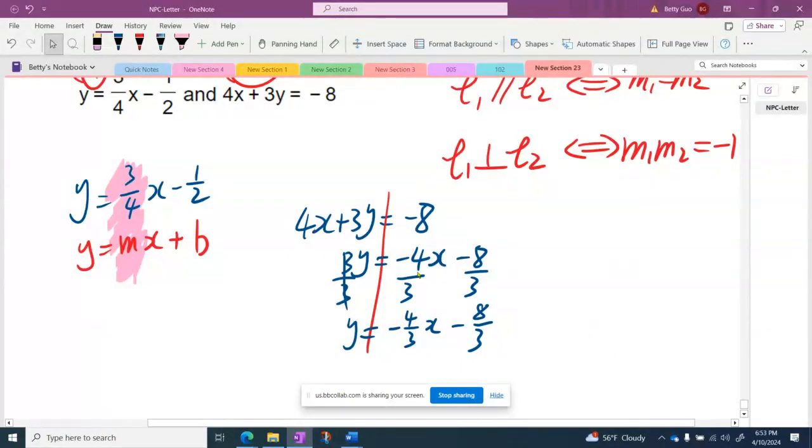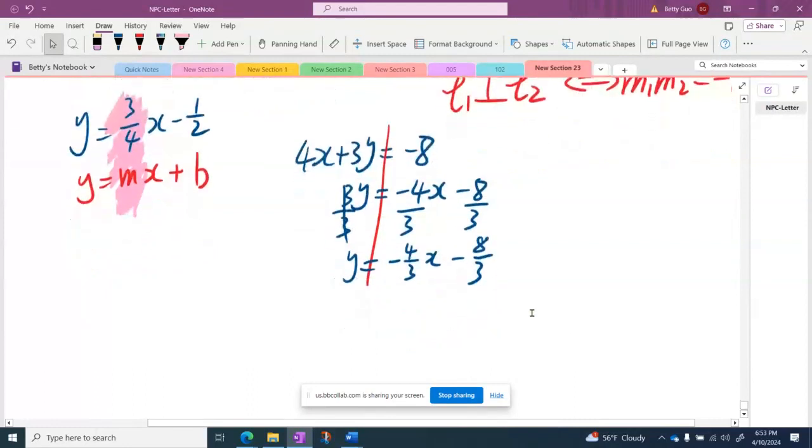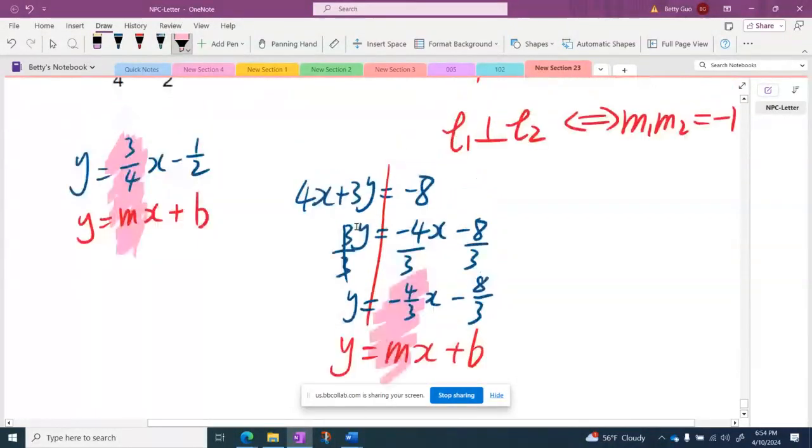We move 4x over, we have negative 4x on the right side, and then divide everything by 3 to isolate the y on the left side. Then we have y equals negative 4 over 3 times x minus 8 over 3. That equation is now in the slope-intercept form, y equals mx plus b. So the slope is negative 4 over 3.